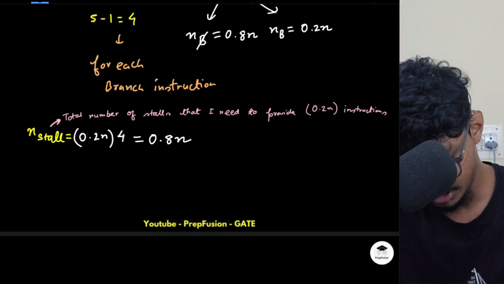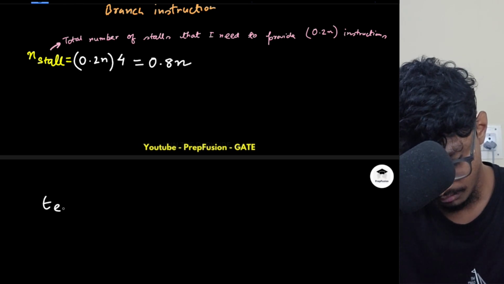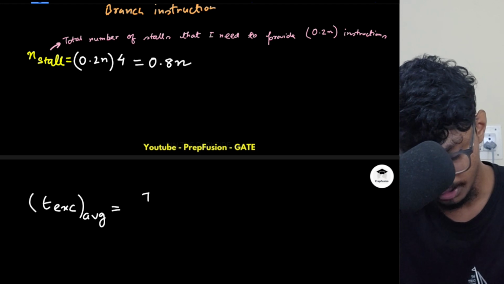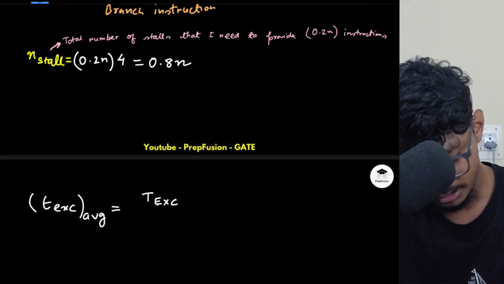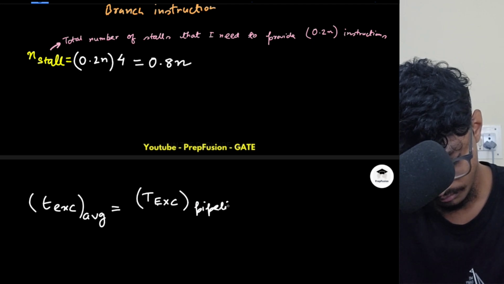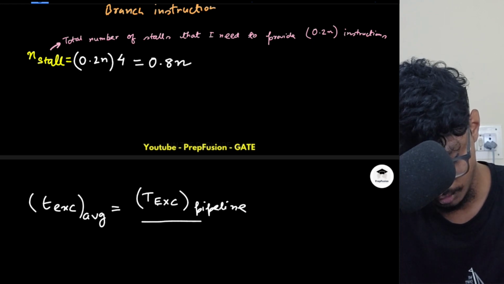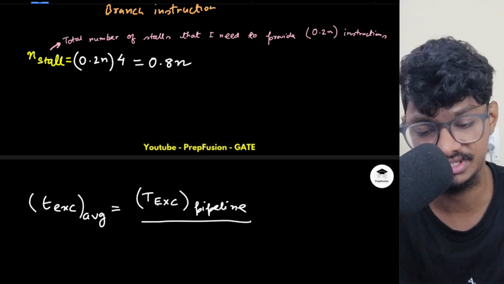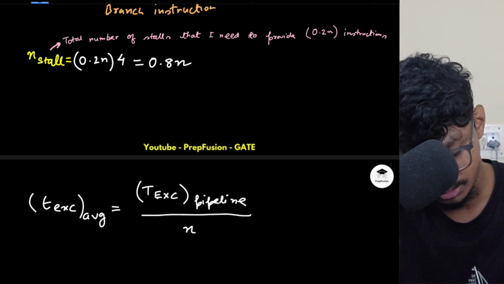So T execution average will be the total execution time of the pipeline system divided by the number of instructions, because I have to find the average. On average, how much time does each instruction take? Simple arithmetic mean, divide by n.